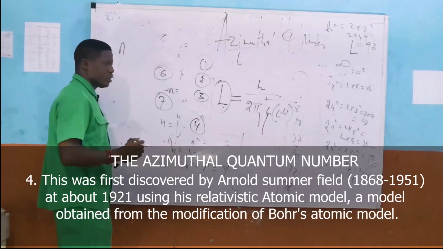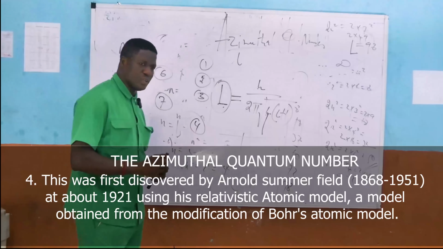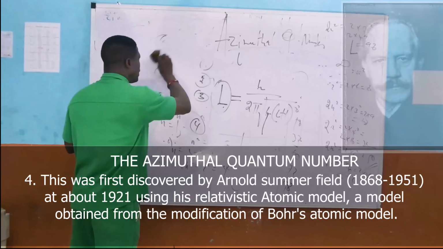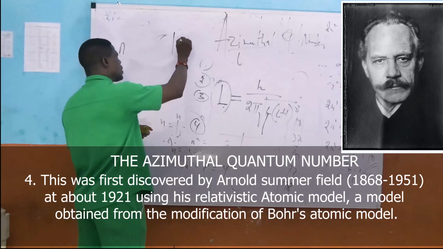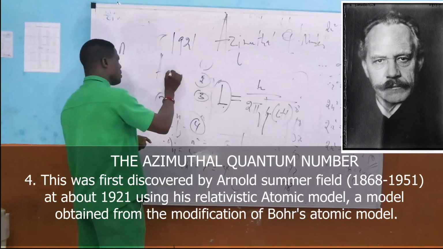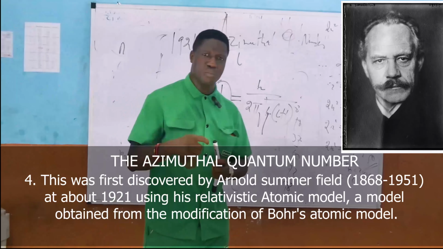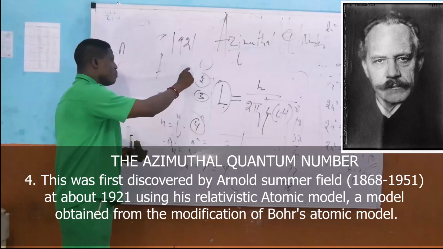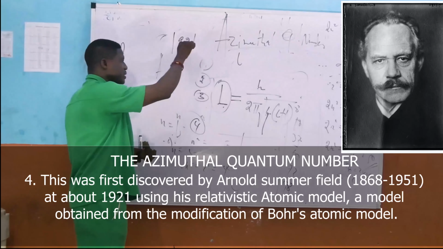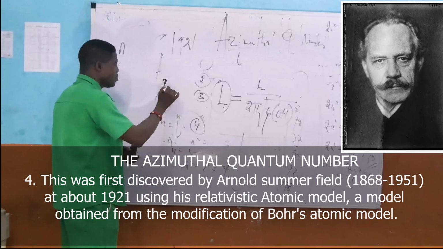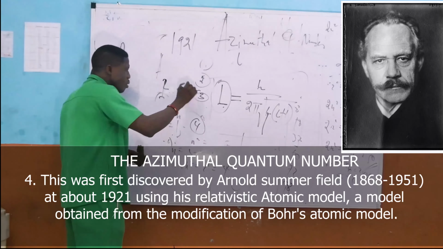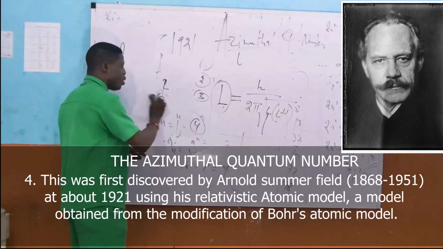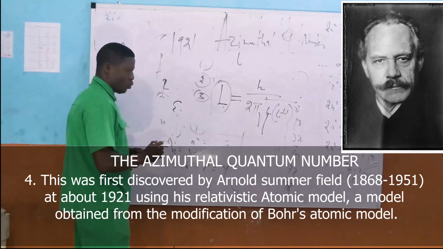Point number 4, very, very important. The angular momentum quantum number was discovered in the year 1921 by Arnold Sommerfeld. Mark that, please. The discovery is attributed to Arnold Sommerfeld in 1921 from his relativistic atomic model, a model obtained from the modification of the Bohr energy equation.